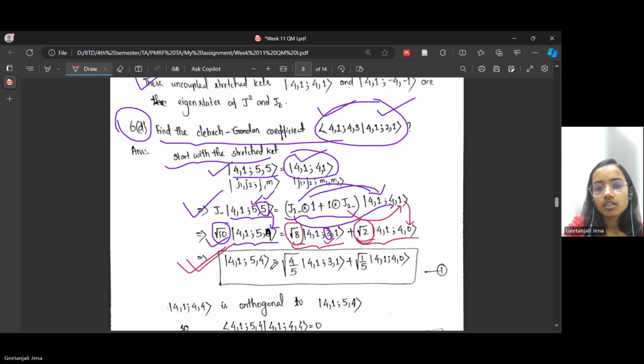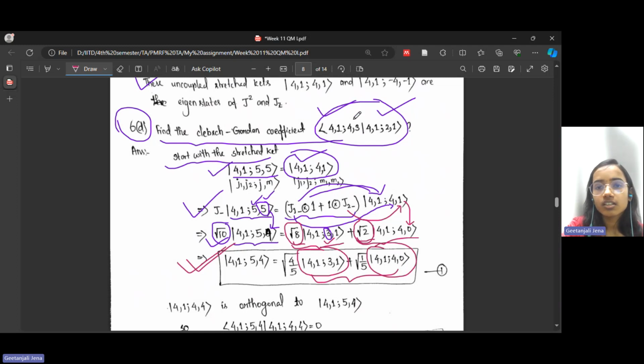So now you got the next lowering state, which is 4154. You can write it as a linear combination of these two uncoupled states. The first one is 4131 and the second one is 4140 with a coefficient.